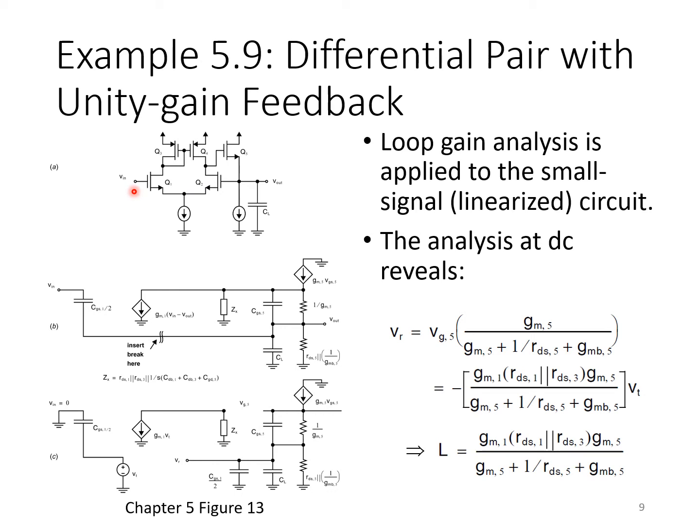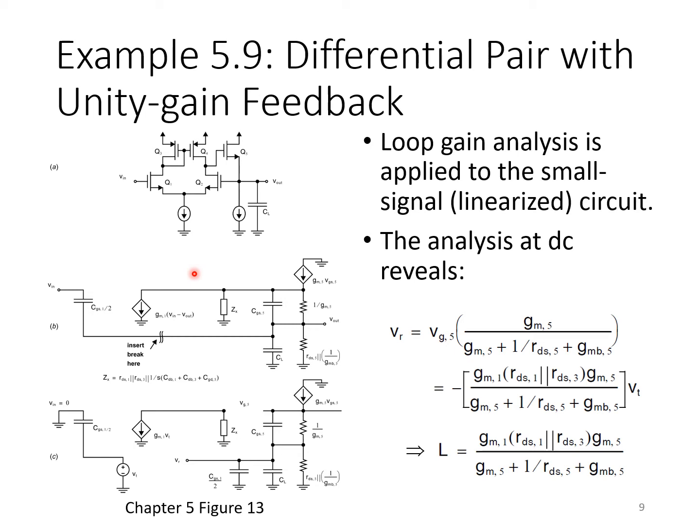Now remember again that when we're doing our analysis for L, we're implicitly assuming a linearized circuit analysis. So we have to take small signal equivalents of everything. So here we have a small signal model for the differential pair with active load. And then we've got a small signal model of the source follower, Q5, shown here. So schematic B here is a small signal model for schematic A.